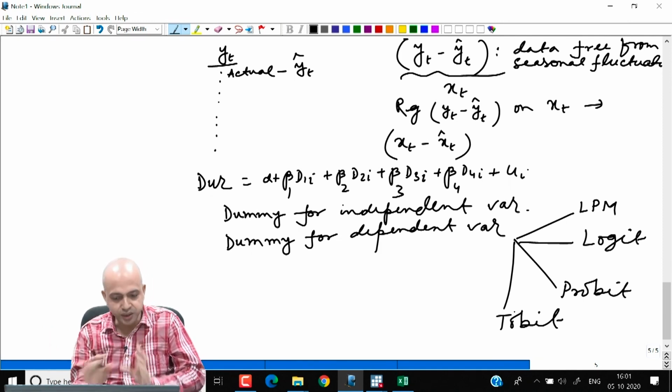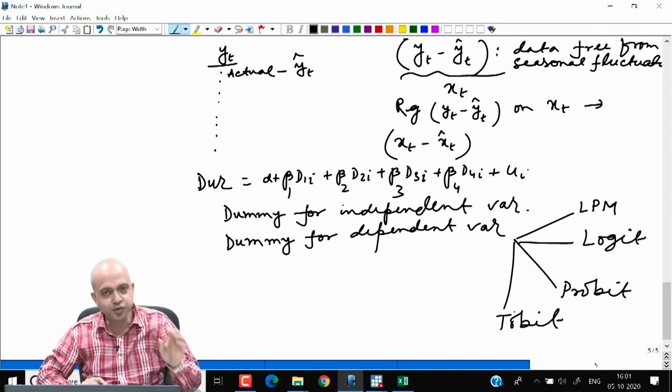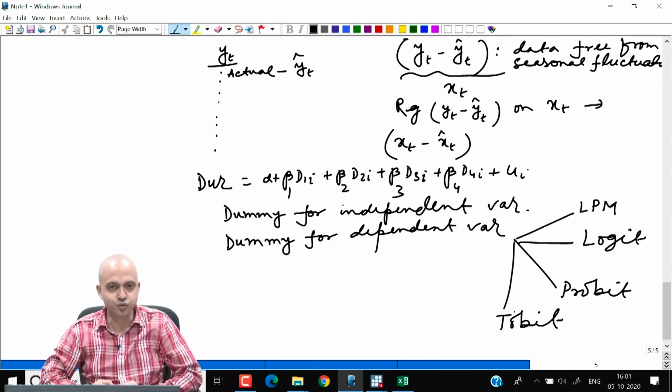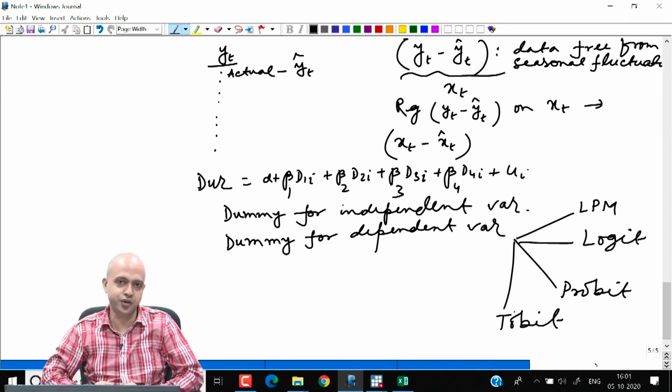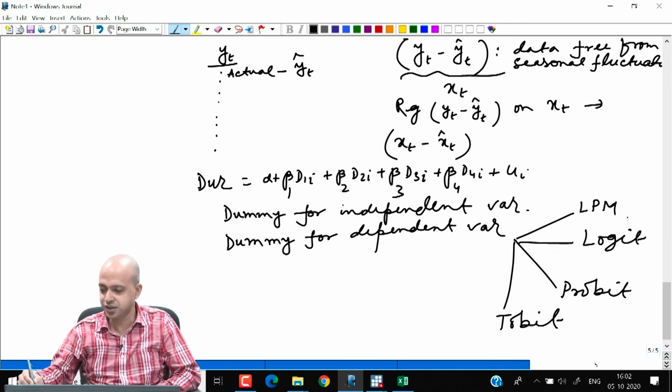Okay, so with this we are closing our discussion on dummy variables, where dummies were used to quantify some of the qualitative explanatory variables. We have not yet discussed converting a qualitative dependent variable into a quantitative one using dummies. That we'll discuss later on by these four models.